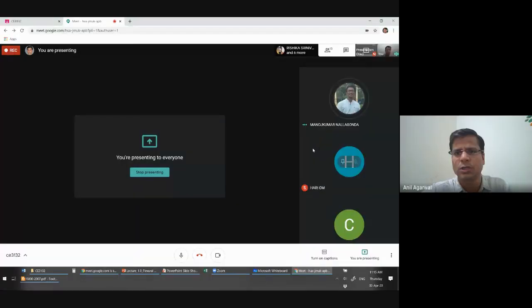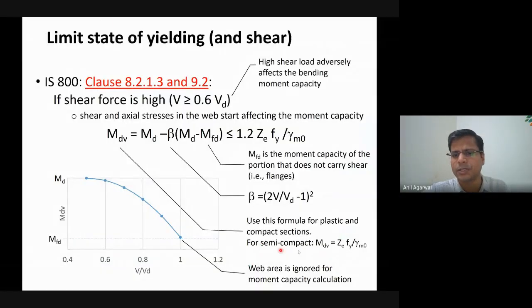The question is, for plastic and compact sections, we have to use this formula, MdV is equal to Md minus beta (Md minus Mfd). But for semi-compact section, the formula that we use is basically the same formula that we had used before, Ze Fy by gamma m0. Why is it that for semi-compact sections we are using this formula?